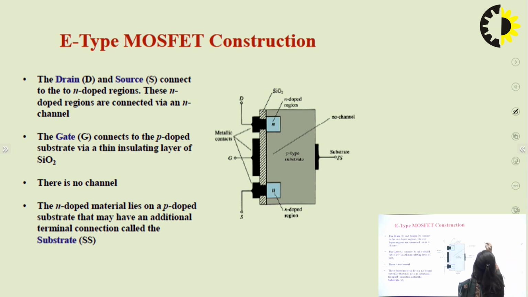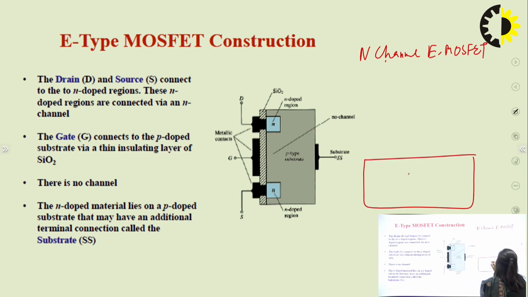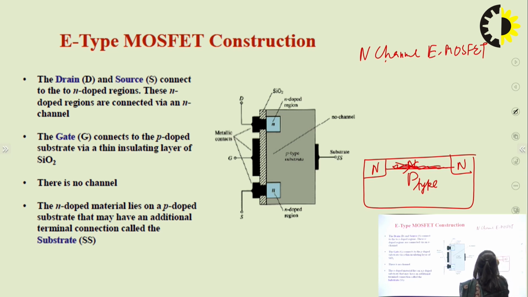So we are taking the case of the N channel E-MOSFET. Here for the N channel, a P type substrate is there and these are the N blocks. There is no channel here, and there is an SiO2 layer.